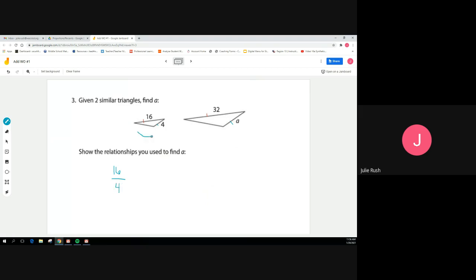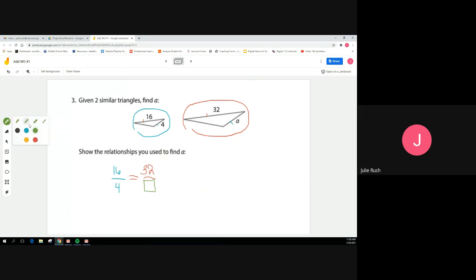So that's this triangle here. In red, I'm going to do this triangle. So I have to make the 16 across from the 32 because they are corresponding sides. So I'm going to put my 32 right here. And now I'm looking for this side length right here, okay?